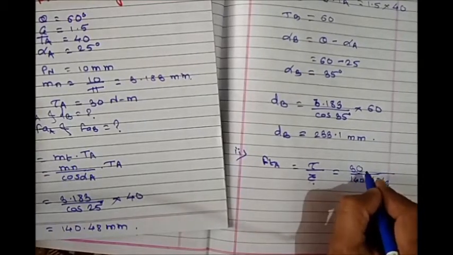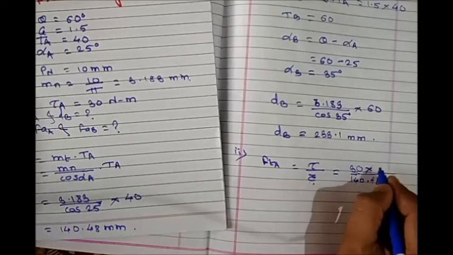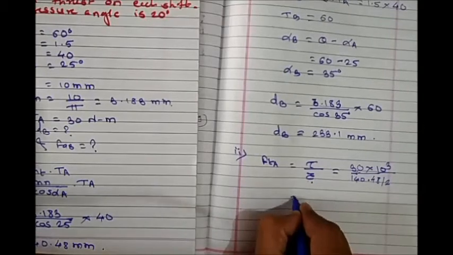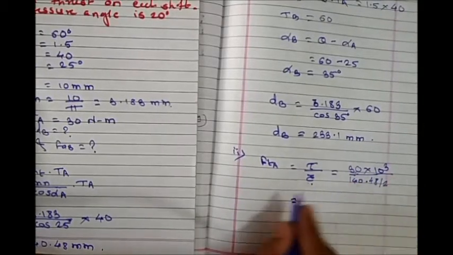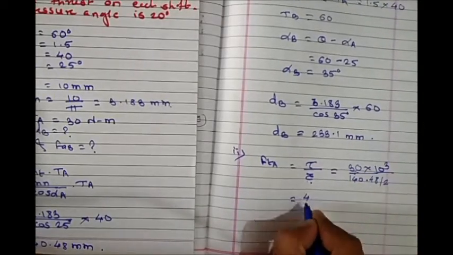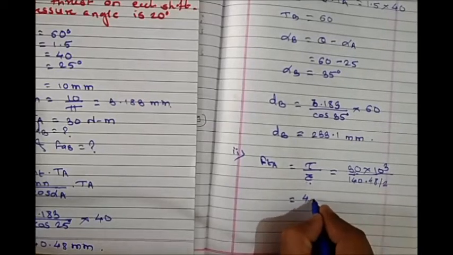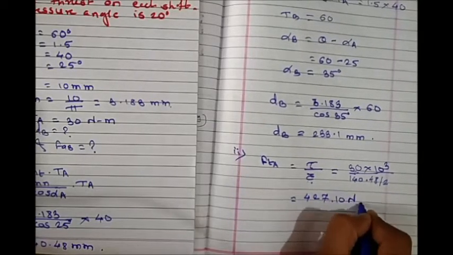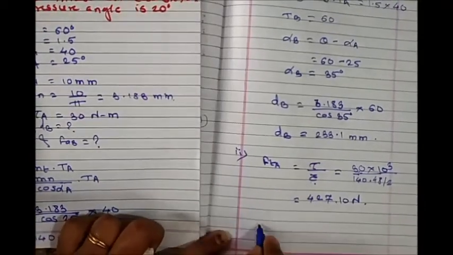But torque is in Newton meter and radius is in mm, so let's multiply the term by 10 raised to 3. So we get FTA equal to 427.10 Newton.